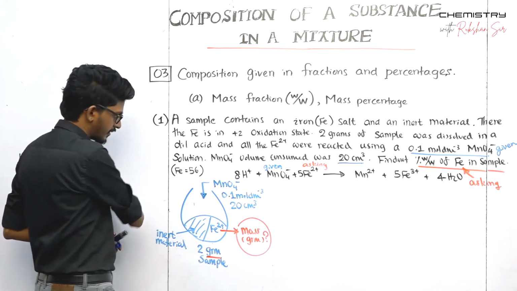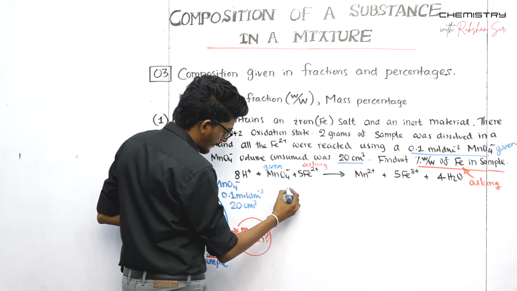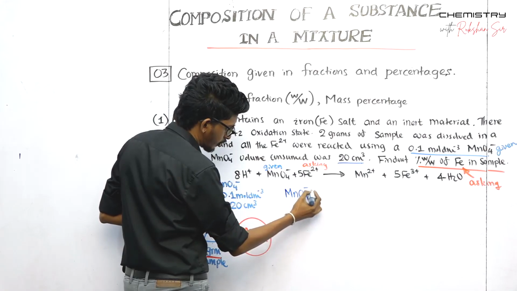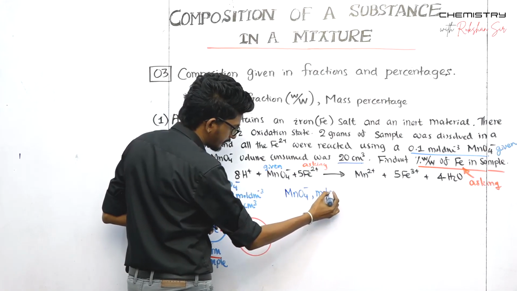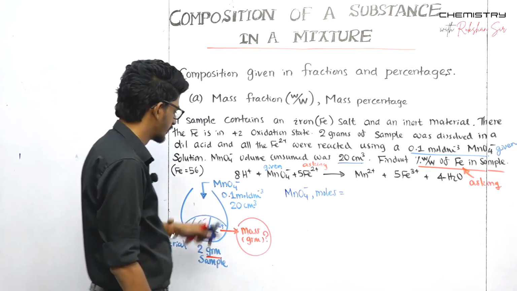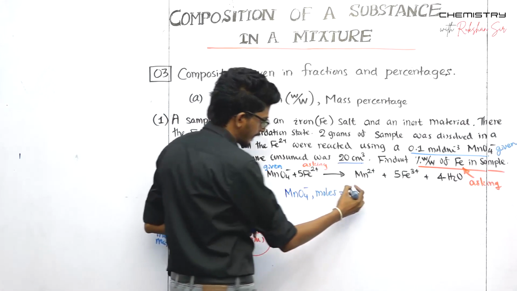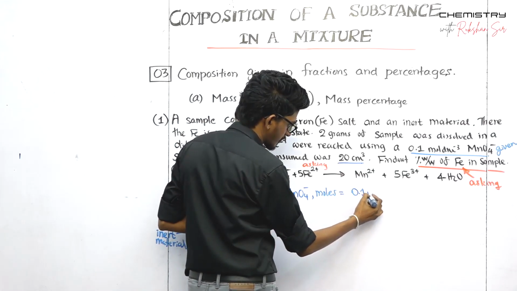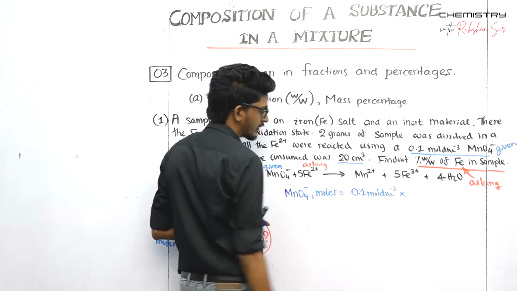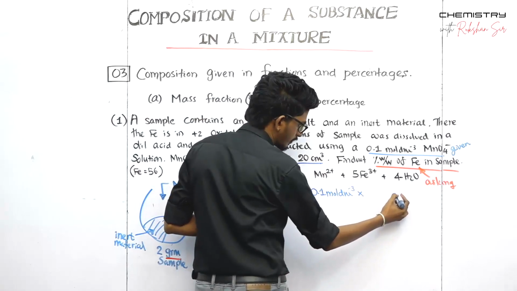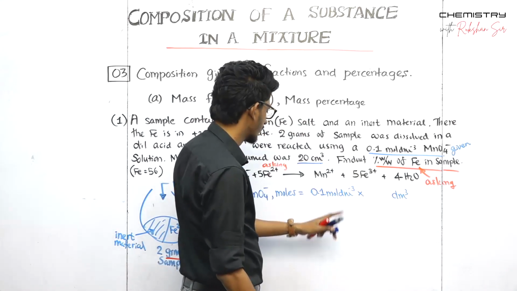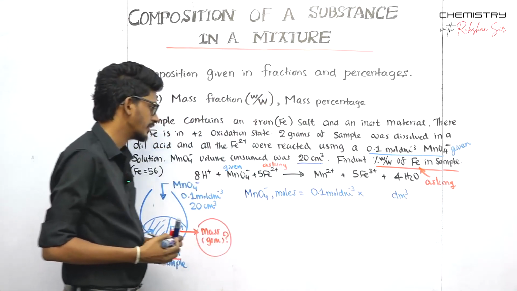You can write here: MnO4 minus moles is equal to 0.1, the concentration in mol dm minus 3 for the MnO4 minus. If you multiply that with the dm3 value, the dm3 will cancel off and the number will represent moles.